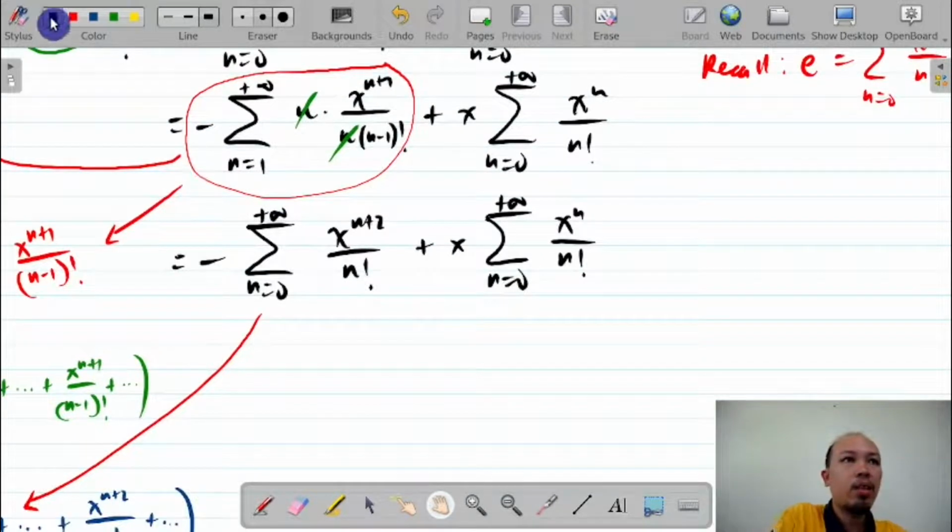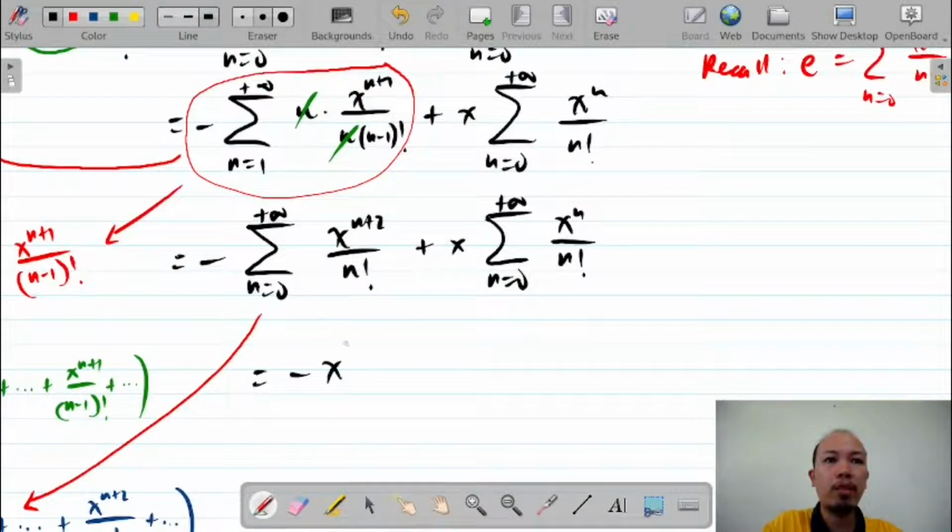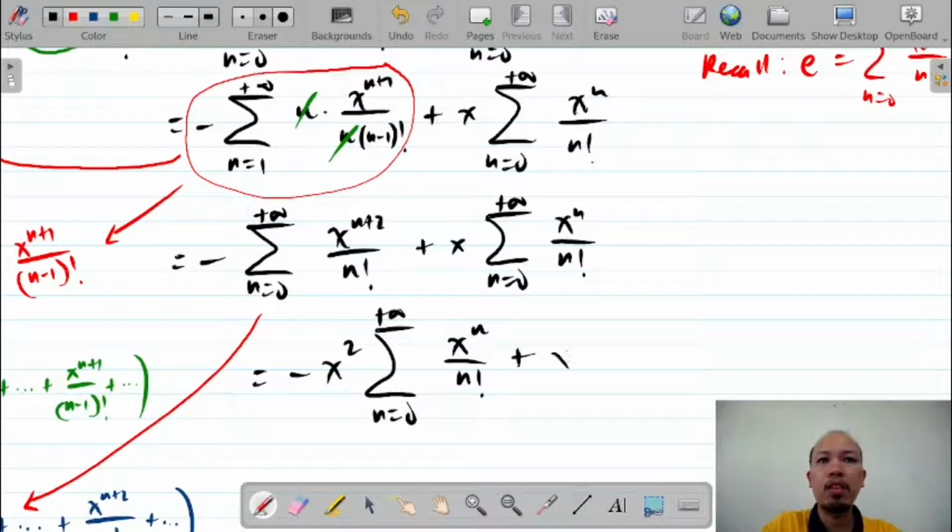So this is equal to negative of, we can factor out x squared, x to the n over n factorial, n starts from 0 to positive infinity, plus, just copy, over n factorial, n starts from 0 to positive infinity.